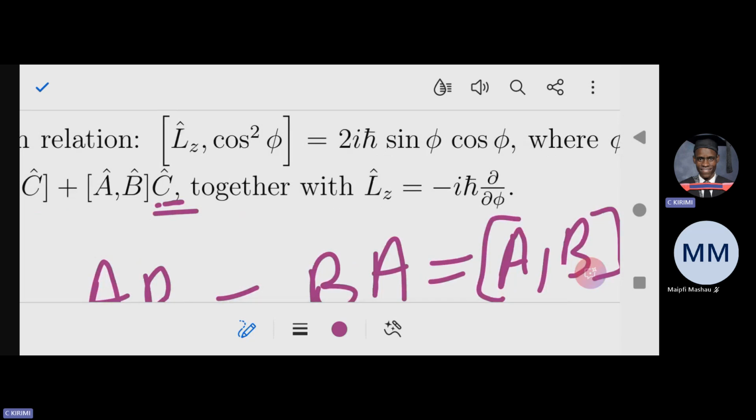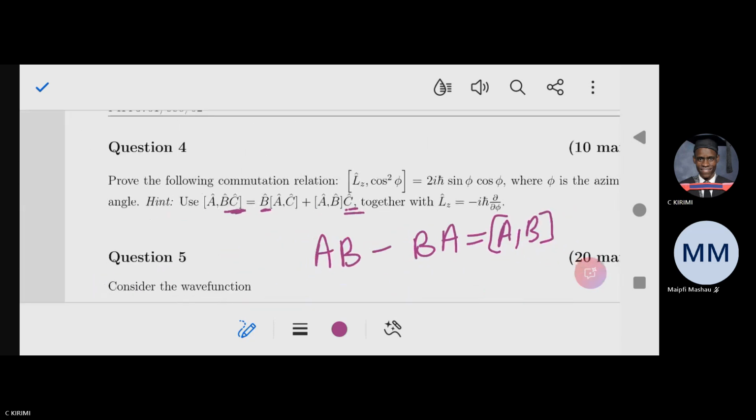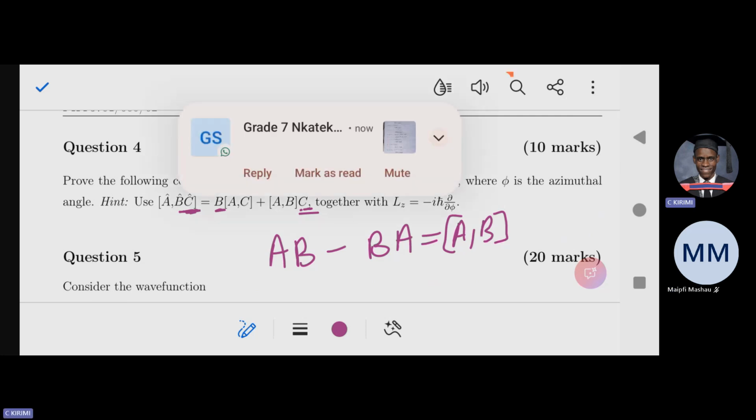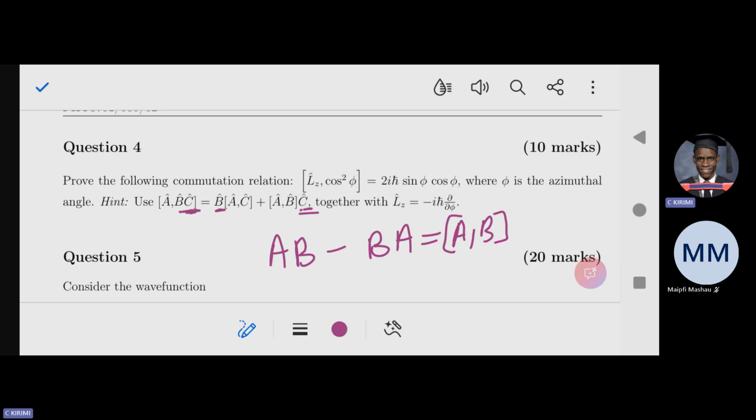Then what does L indicate? L is what? L is angular momentum, isn't it? Whenever I see L, it is the angular momentum.